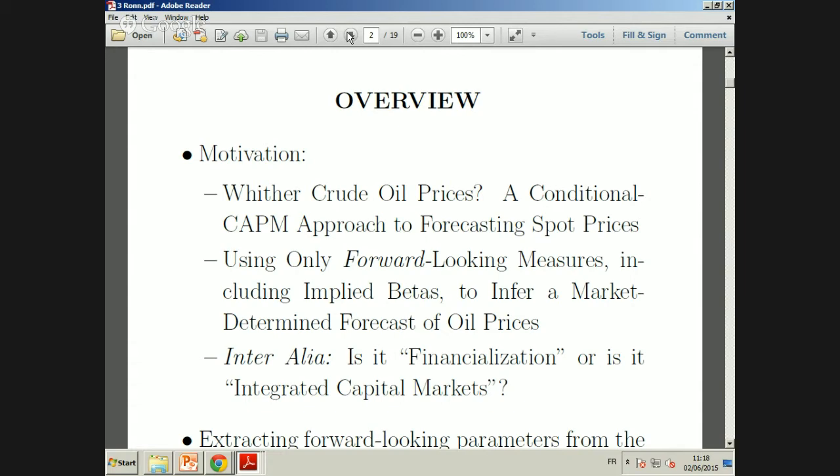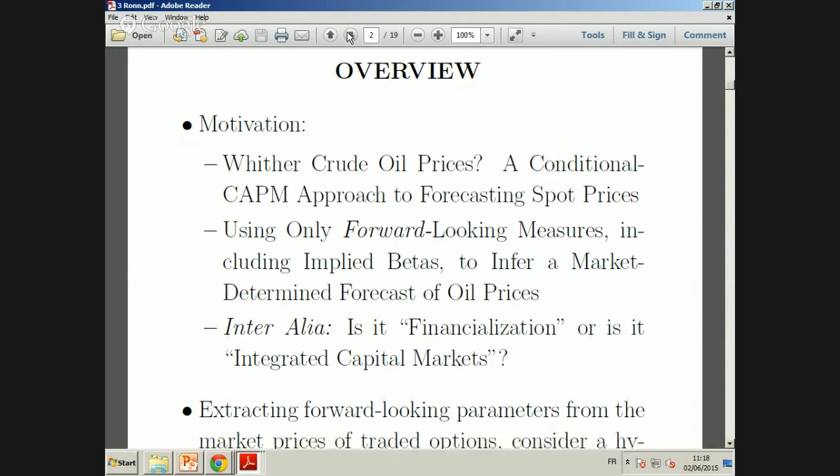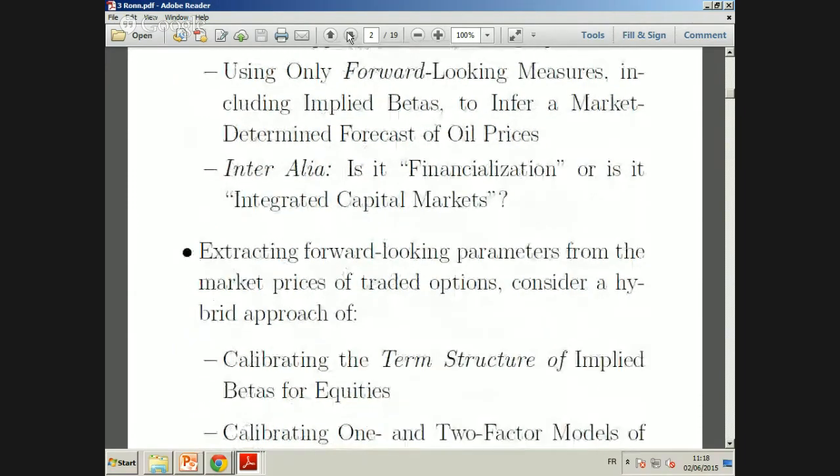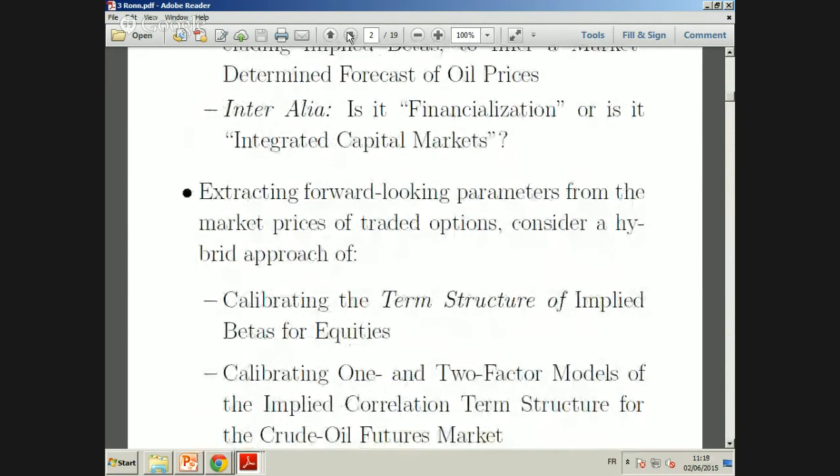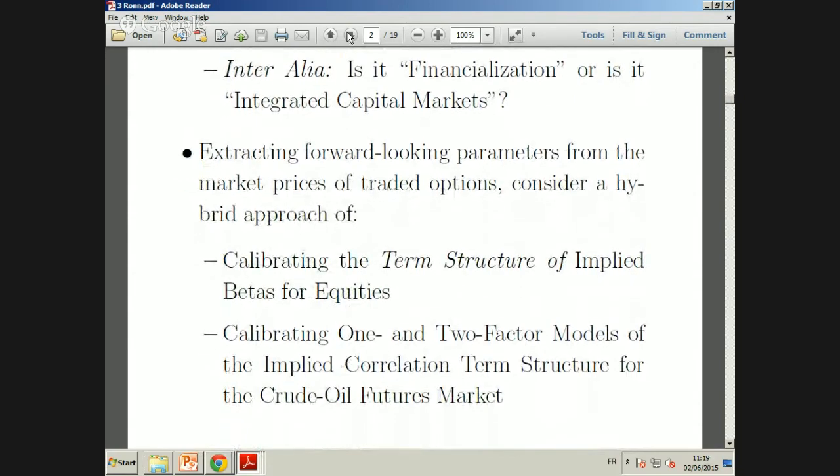And so I think that's one of the things I'd like to talk about along the way: show some evidence that markets are not just being whipsawed by these folks trading in New York, London, or elsewhere. So in terms of the forward-looking parameters that we'd like to extract, one of the things I'd like to talk about is the issue of a term structure of implied betas for equities.